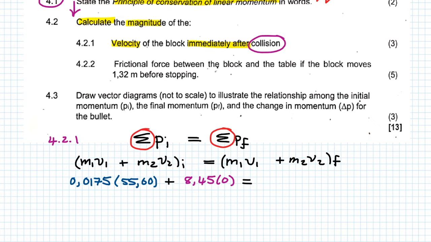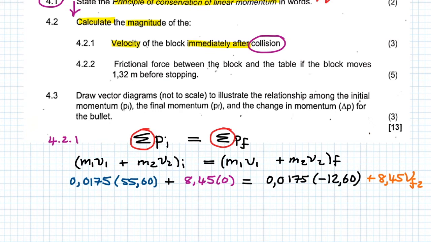After the collision, the mass of the first object is still 0.0175. This is the bullet. At the end of the collision, it moves backwards at a speed of 12.60. So we're going to plug into the formula negative 12.60. Then we have the mass of the block, which is 8.45, and we do not know its final speed.